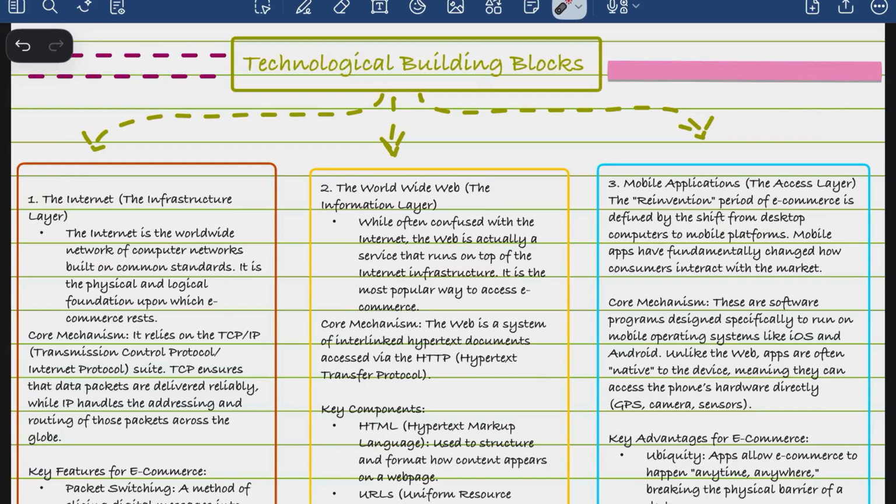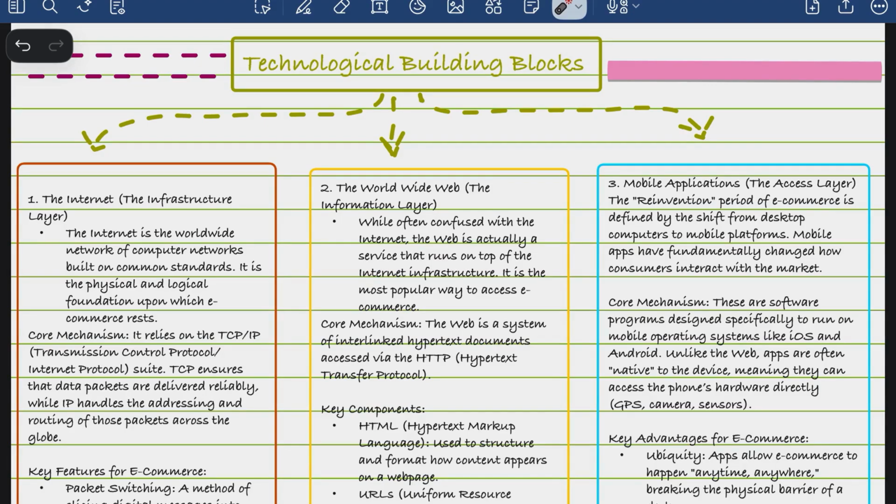So let's look at the crown jewel at the top of our stack, Layer 3, the mobile application. This is the access and engagement layer. In the period of reinvention, e-commerce is defined by the massive shift from desktop computers to the mobile platform.